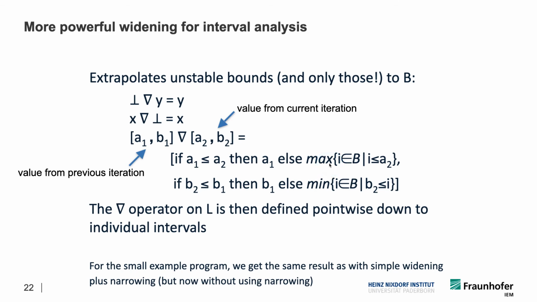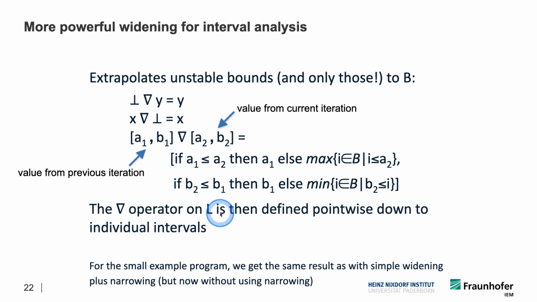Because in this case, we want to take a value from this set of boundary values B that is the maximal value that is still smaller than A2, right? Because here we are talking about the left-hand side of the interval, so it's definitely meant to be smaller than A2, but it has to be one in the boundary values. And for the right-hand side, it's simply the inverse definition, so that follows directly.